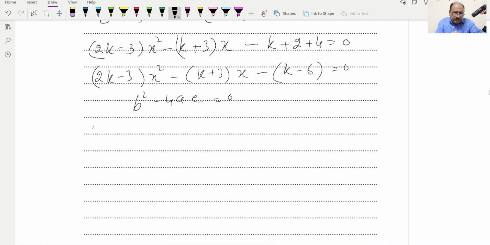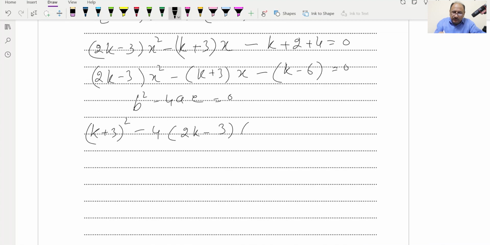b squared means (k plus 3) squared, and this will be minus 4 times a, which is 2k minus 3, times c.